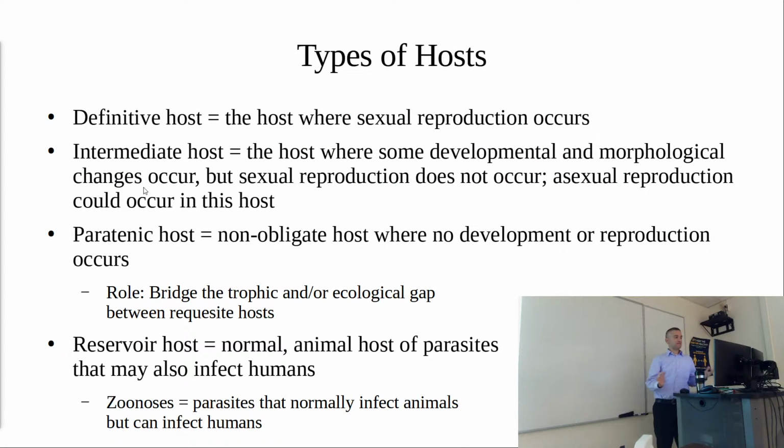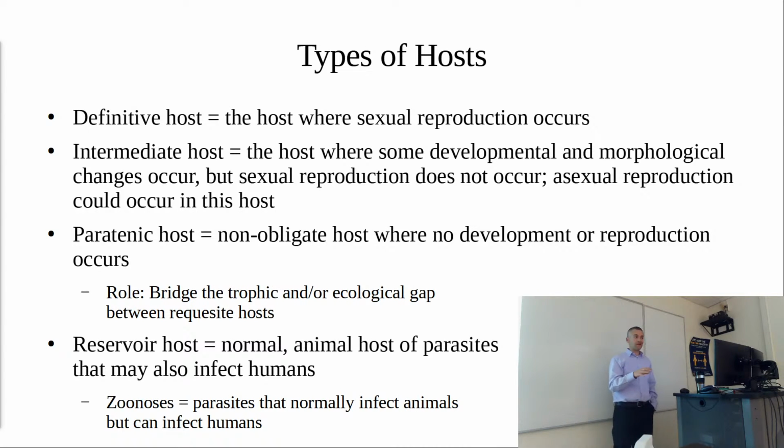All right, so what about the types of hosts? The types of hosts really come down to their role in the parasite's life cycle. What role do they play in that life cycle? A definitive host is the host where the sexual reproduction is going to occur in our parasite. And it's important.